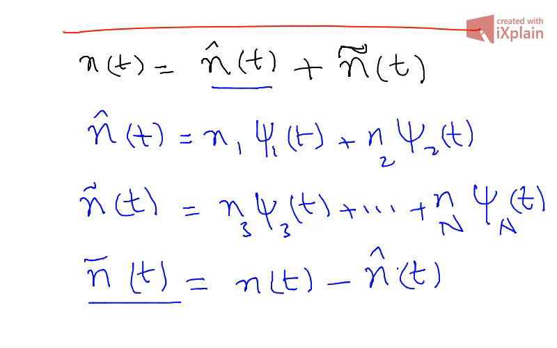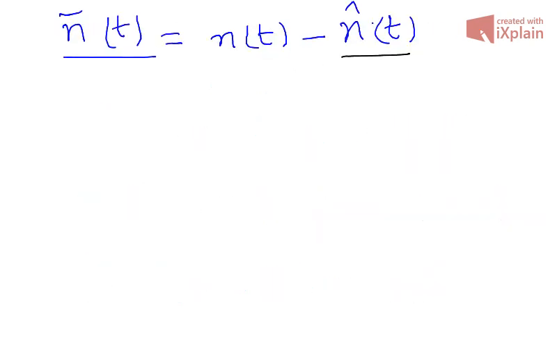We would be concerned about the component which is corrupting our signal. To be consistent with our previous discussion, we can find the component of noise in the psi 1 direction and psi 2 direction.